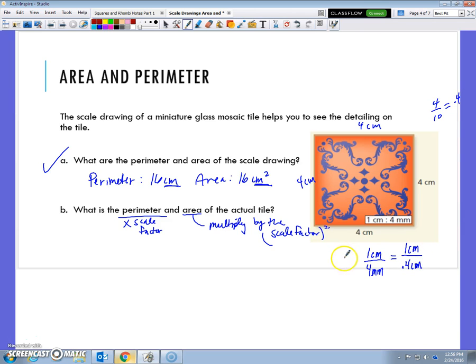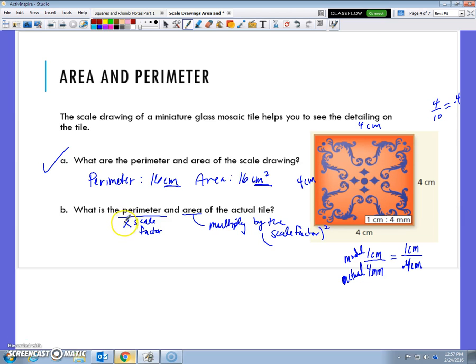This is still going to be the model compared to the actual, or the original, however you want to say it. Yesterday we learned that if it's a 3 down here, it's 3 times as big, 4 down here, 4 times as big. Well, now we have 0.4, so it's 0.4 times as big as the drawing. That would make sense. It's smaller than the actual scale drawing.